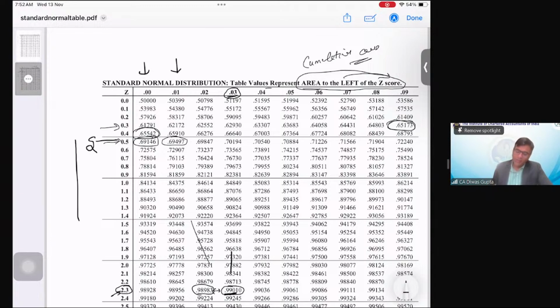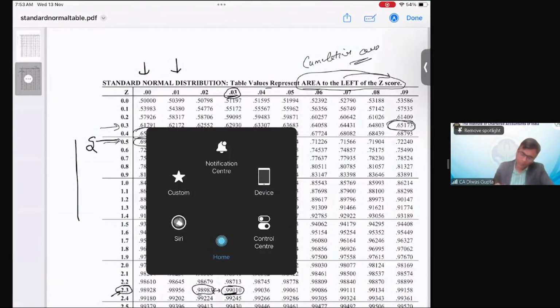So our value lies in between, so we can take both these values, which are 0.69146 and 0.69497. And let's go back with these two values to our question.